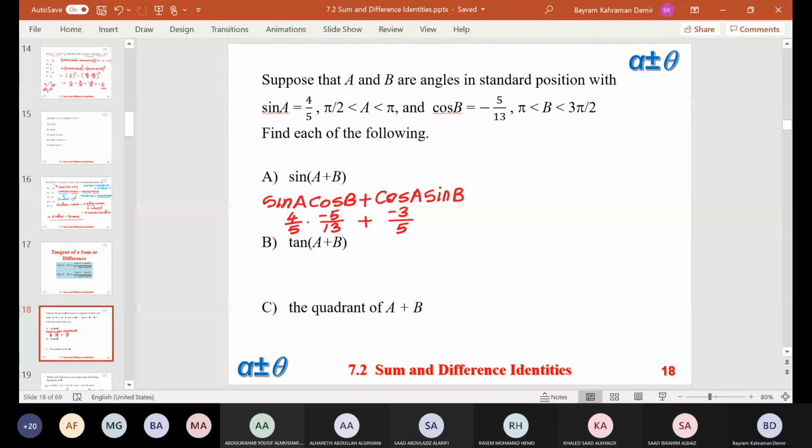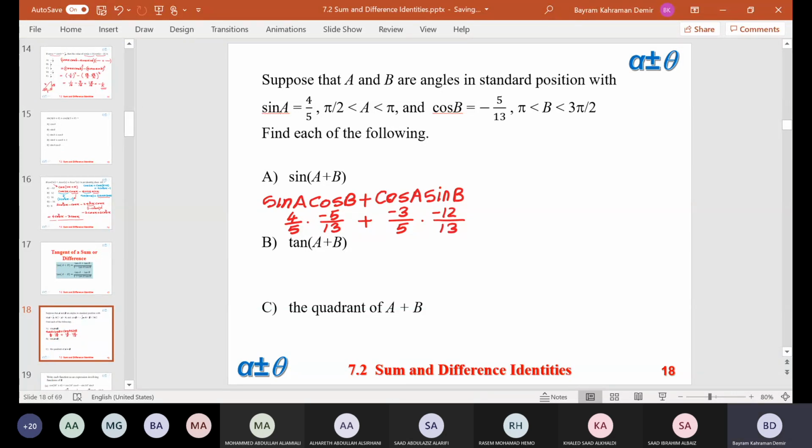All right. How about sine of B, Shabab? Can somebody tell me sine of B? 12 over 13. It is negative 12 over 13, right? Okay.